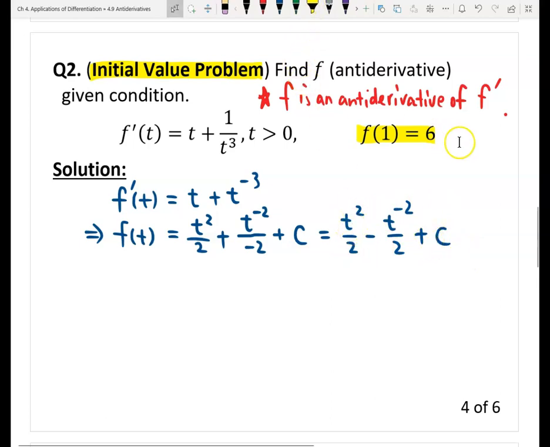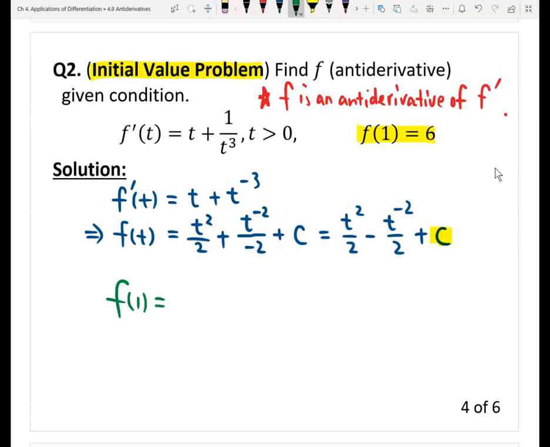What do we do now? Don't stop here, because we have an initial condition, which is f of 1 equals 6. We can use that information to solve for c, so we can get a particular, specific antiderivative. So I'm going to use f of 1 equals 6.